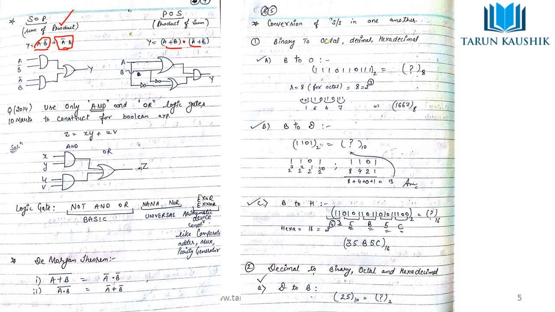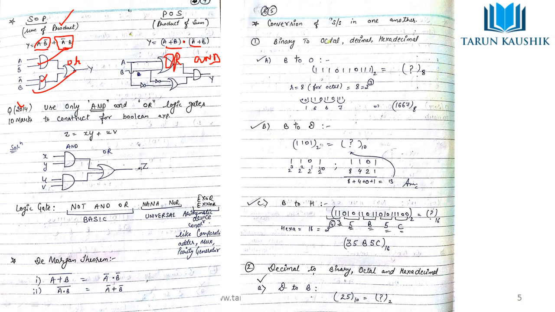So I have implemented this. These two are AND gates, so I have used AND gates in this, and after that, for the summation, I used an OR gate over here. First I use the AND gates for the products, and then the OR gate because it is the sum after the products.